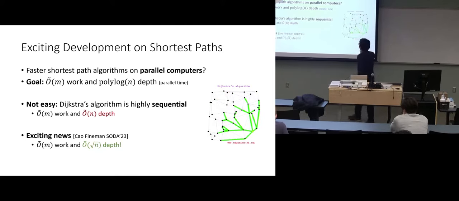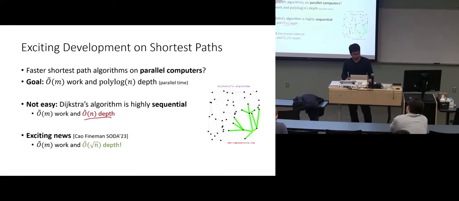To make the next step, it really depends on the previous step. So the sequential dependency in this algorithm is so big. The depth actually is n. So that's that. And no one knew how to do better than n for a long time.